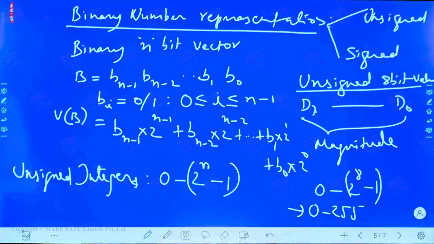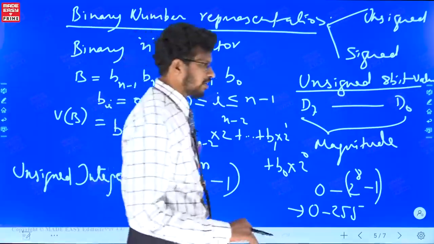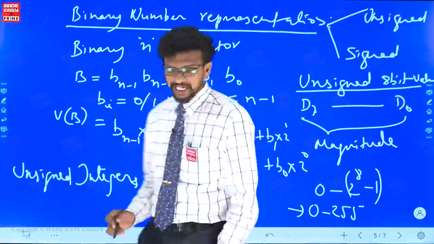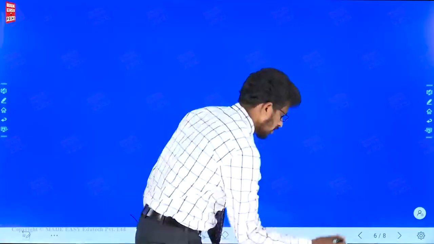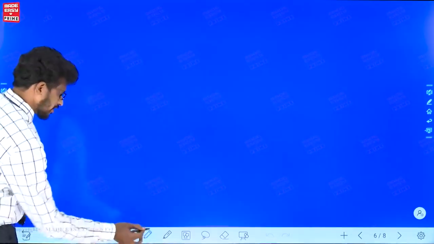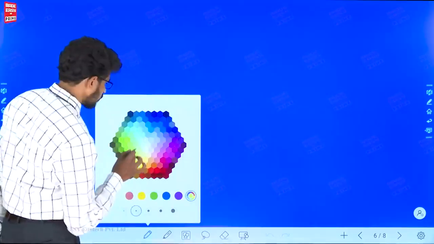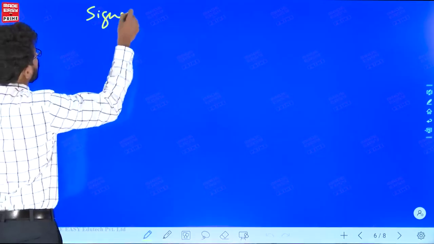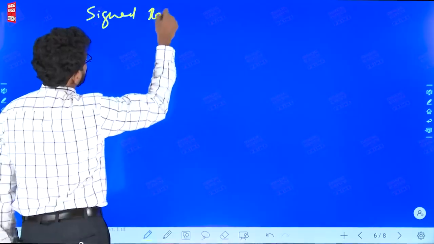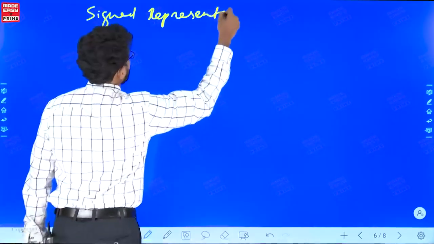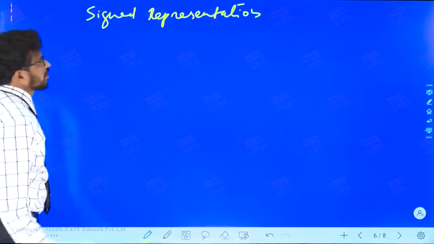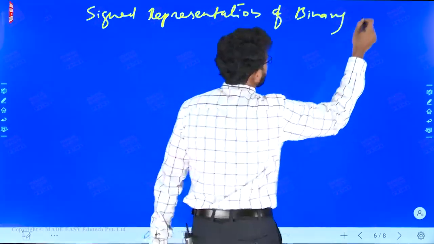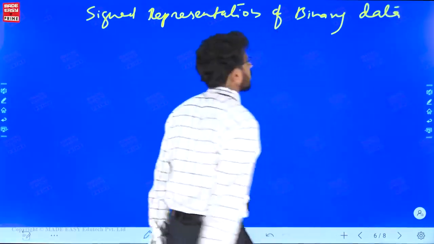Now come to the signed representation. What is the requirement of signed representation of data? Okay, let me just take one simple illustration for it. I am coming to signed representation of binary data.